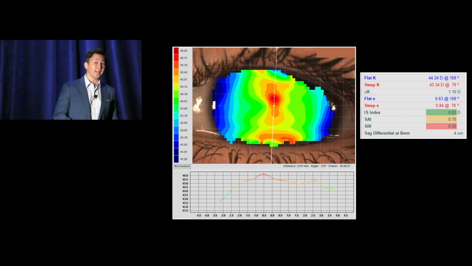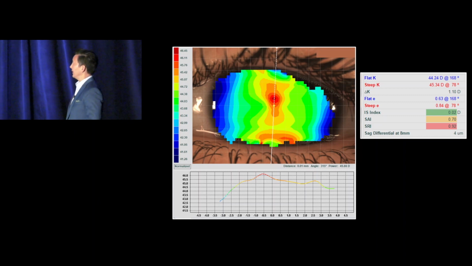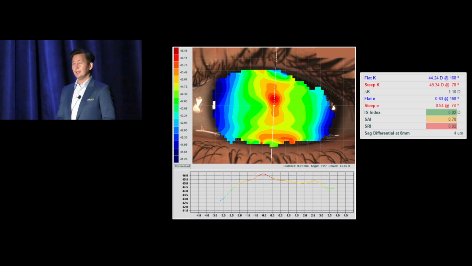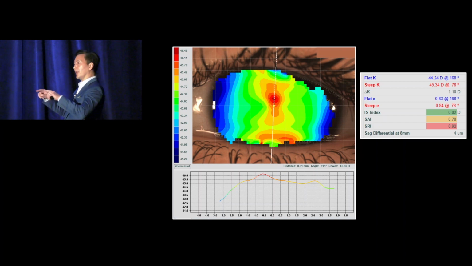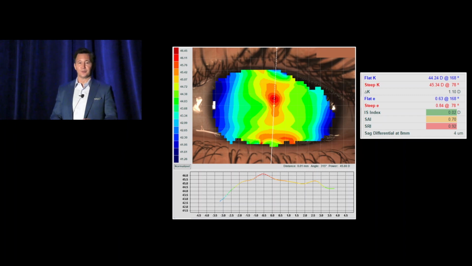If you look at the data from this topography, the Ks aren't completely out of whack, but I want you to look at the eccentricity. Now, eccentricity is a measure of the rate of corneal flattening of the eye. And a normal, disease-free, healthy eye should have a rate of flattening about 0.65 to maybe down to 0.5.